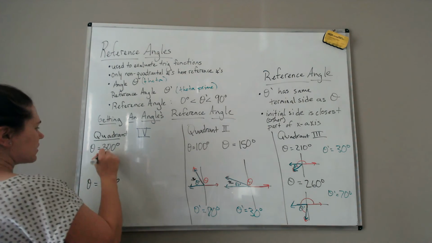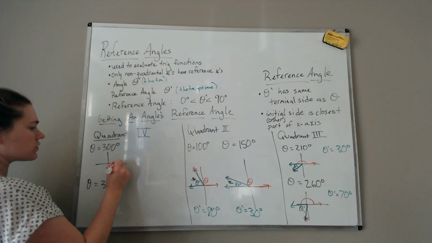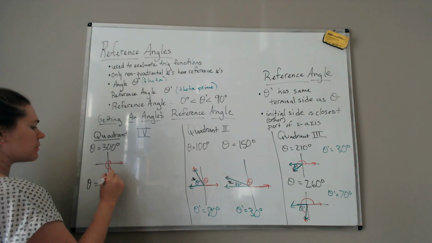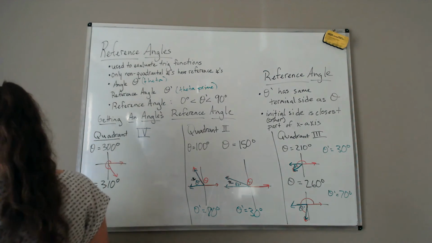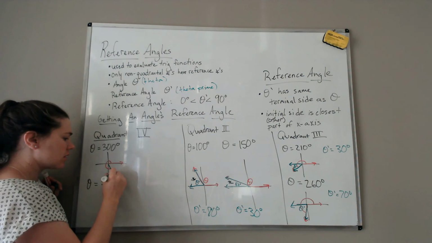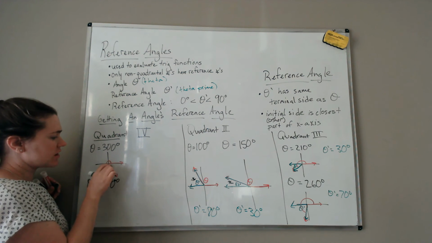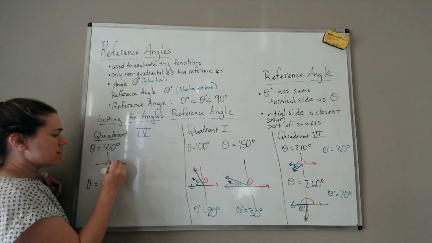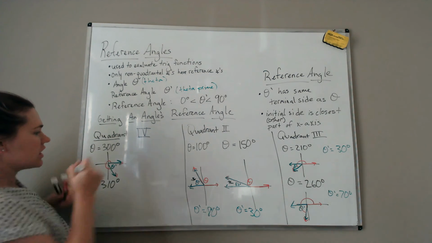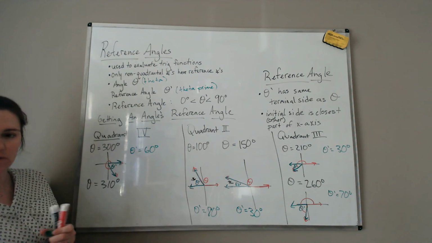So for 300 degrees, we go around from the initial side counterclockwise. 270 plus 30 degrees puts us about here. We want the reference angle of 300 degrees. It shares the terminal side. Now what's closer, the negative x-axis or the positive? The positive. So this angle right here, sandwiched between the two sides, is your reference angle, and the reference angle is 60 degrees.